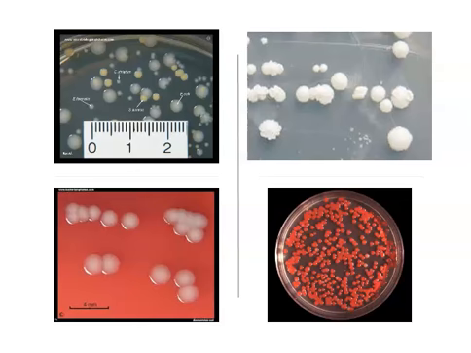And the reason I can only say at least is because it is possible for more than one species of bacteria to have the exact same colony morphology. In other words, these large white colonies may have been produced by one type of bacteria, but they may also have been produced by 2 different species of bacteria. I don't have any way of knowing that just by looking at the plate.